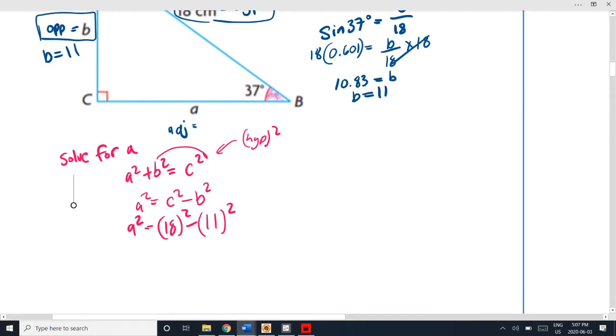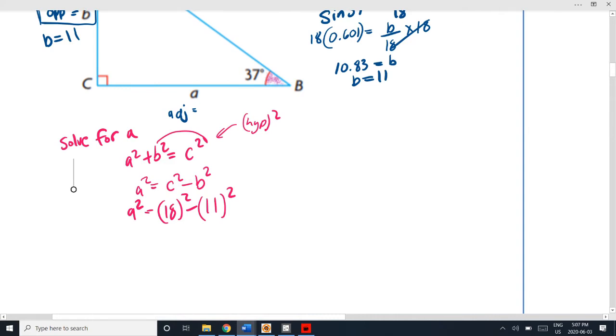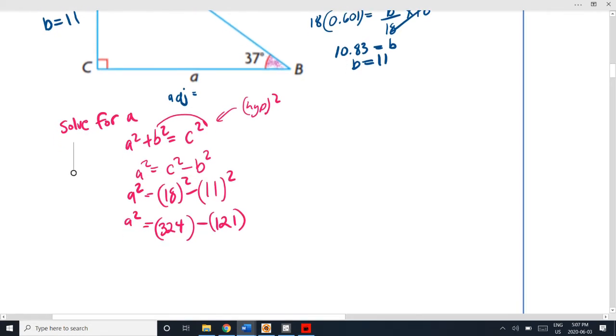And let's start solving this. 18 squared is 324 minus 11 squared, which is 121. This is equal to a squared. So 324 minus 121 is 203. So a squared is 203.